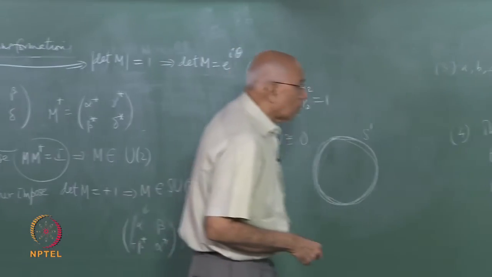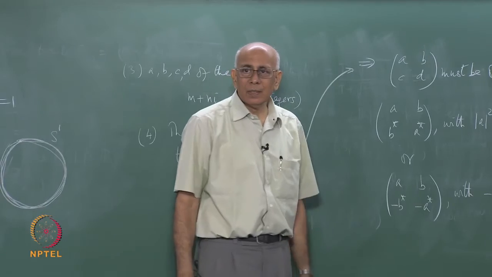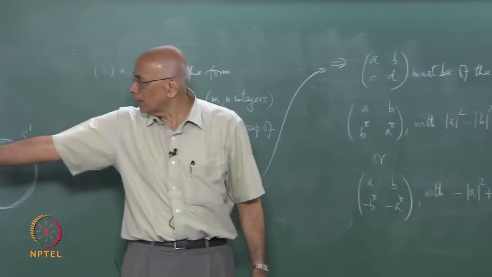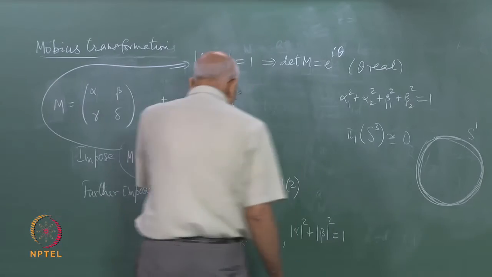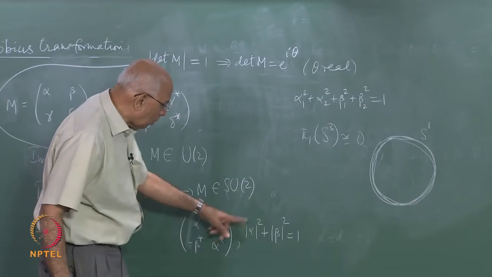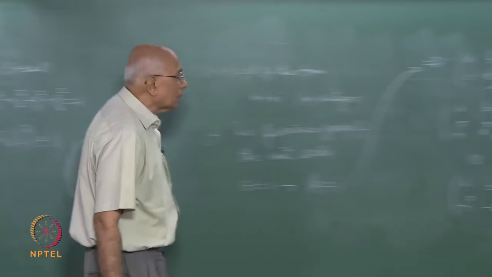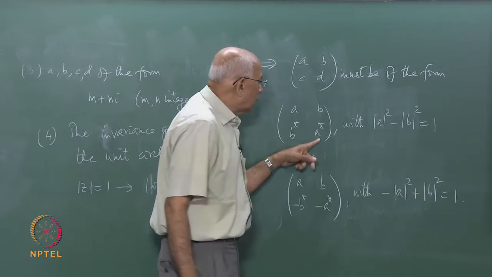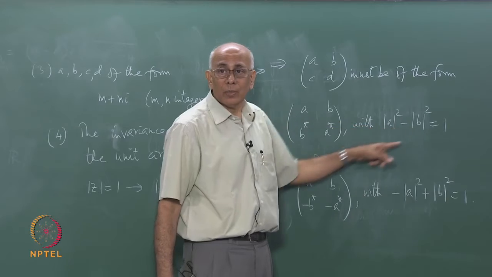Now the question is, what are these things? This is not quite the same as that. There is a slight difference here between this sort of thing and that kind of matrix, because here we had alpha beta minus beta star alpha star, and you had mod alpha squared plus mod beta squared equal to 1. On the other hand, here you got A, B, B star, A star with mod A squared minus mod B squared equal to 1.